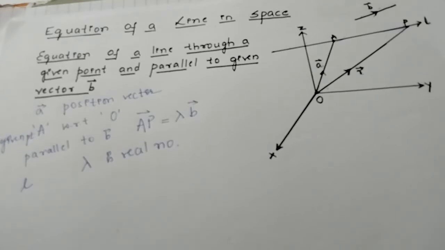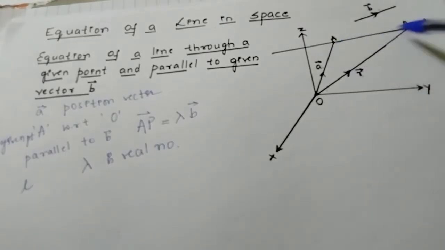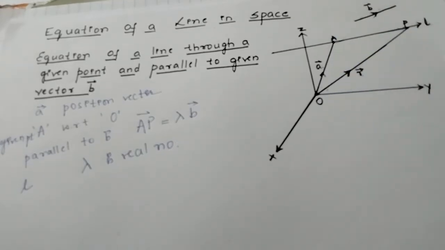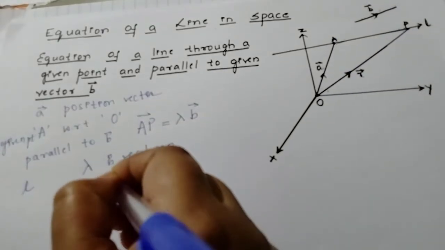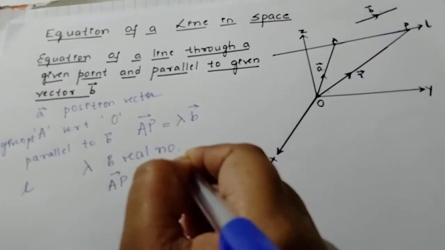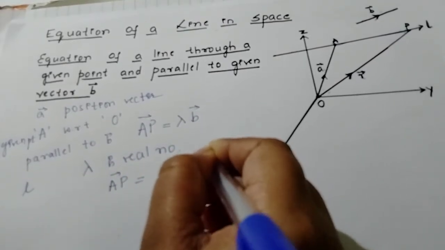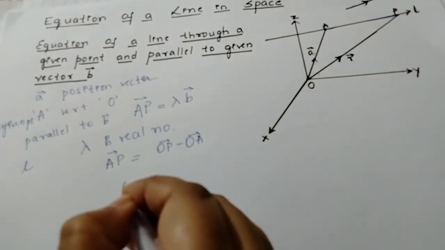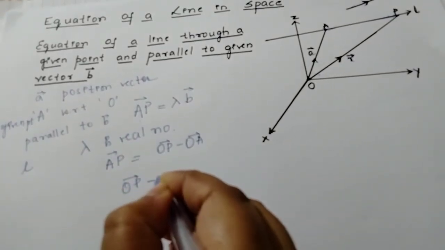Then AP is equal to lambda b. From this diagram, we can write AP as OP minus OA. So AP is equal to OP minus OA. Now I substitute here OP minus OA.